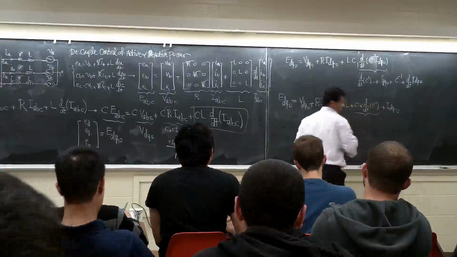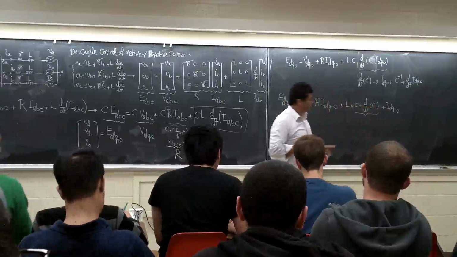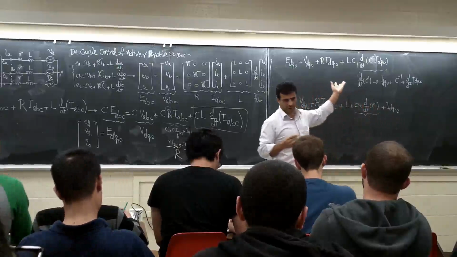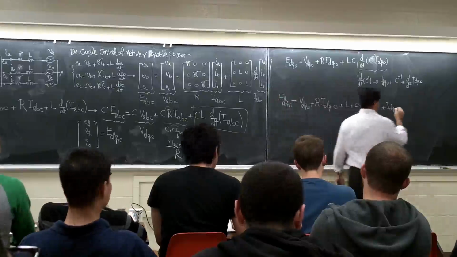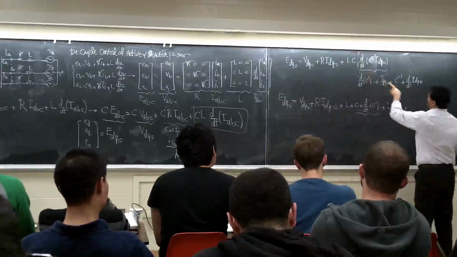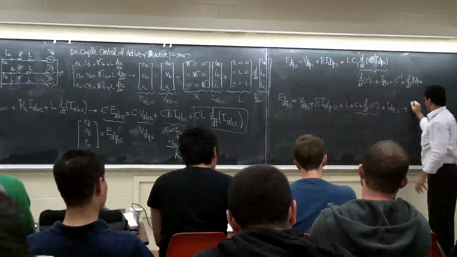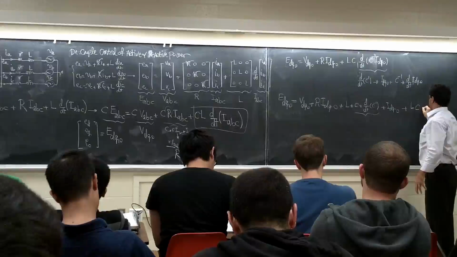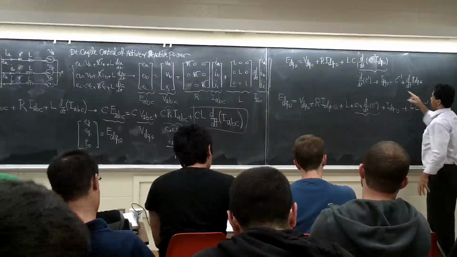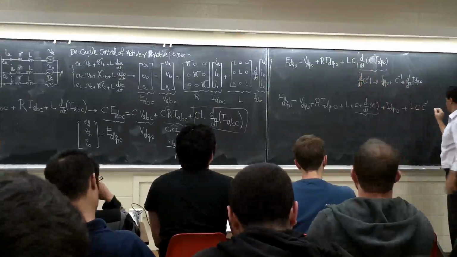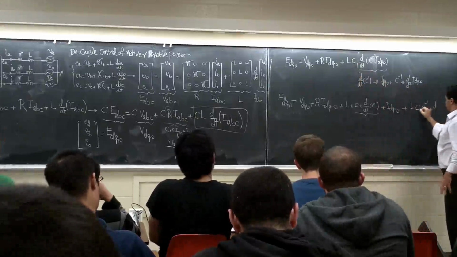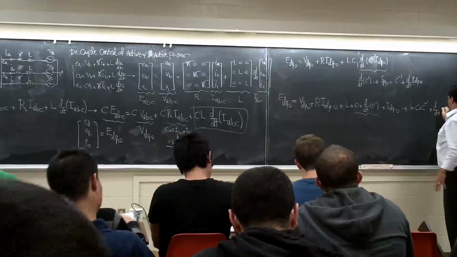Next week, I'm going to work on calculating this part. This one is good, we know what it is. This is simple. And this one we know what it is, but this one I need to calculate. Plus, how much? LC times this one: LC times C minus times d over dt IDQO.